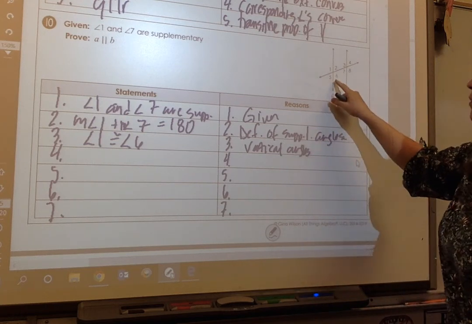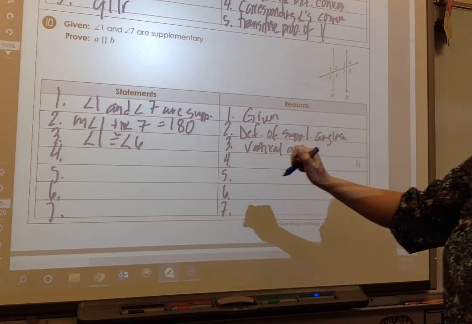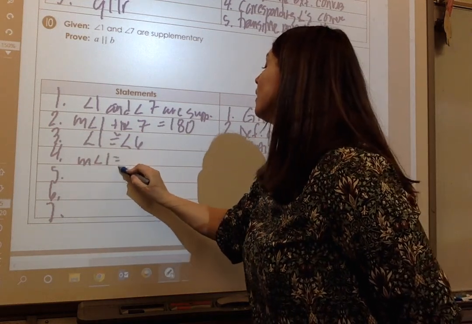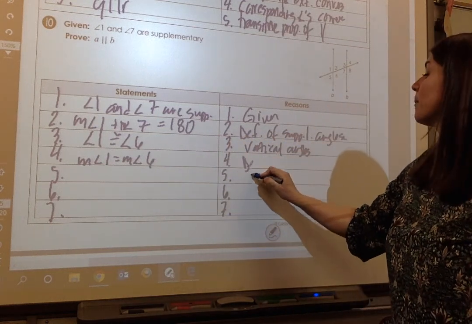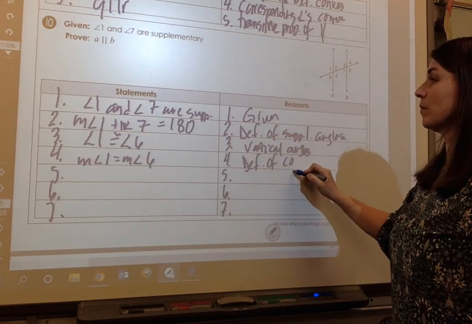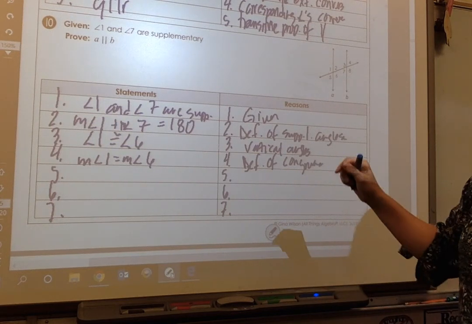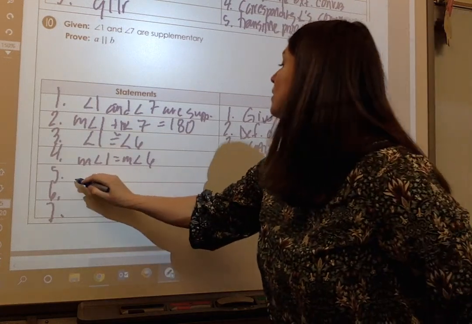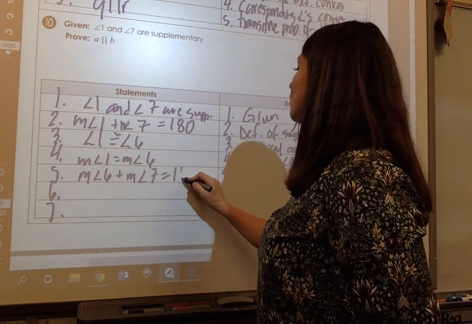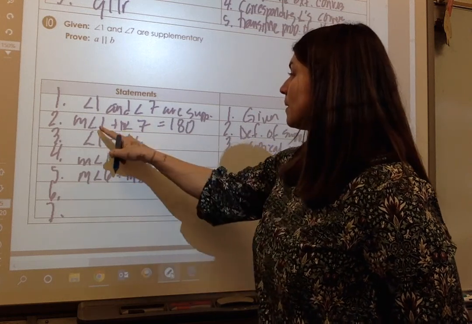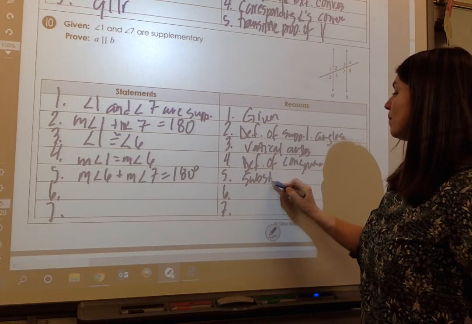Okay, if 1 is congruent to angle 6, that's vertical angles. Now I can say that the measurement of angle 1 equals the measurement of angle 6, and that's definition of congruence. Now I can say that the measurement of angle 6 plus the measurement of angle 7 is equal to 180, and that's because I'm substituting angle 1 in for angle 6, so substitution.